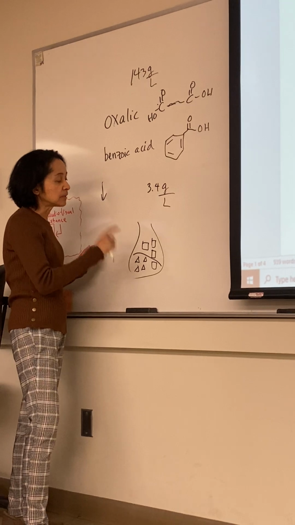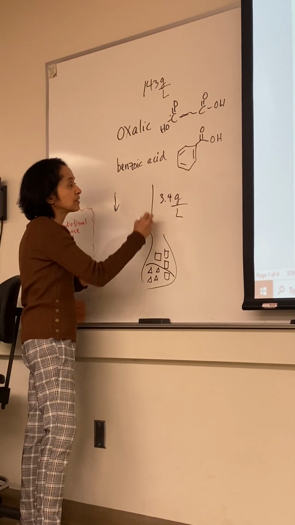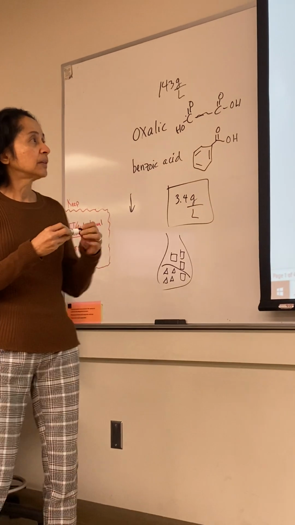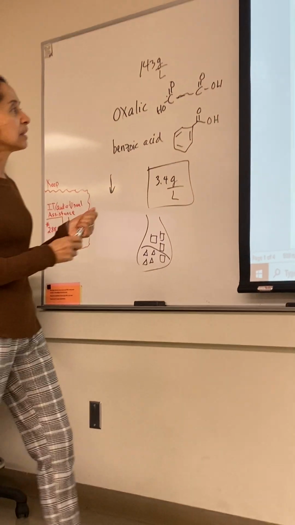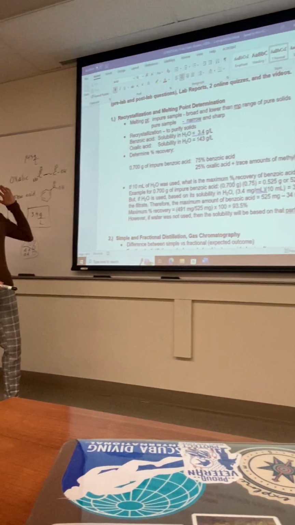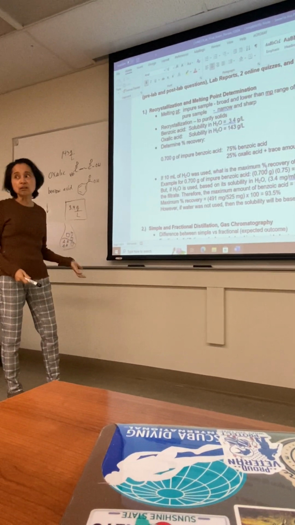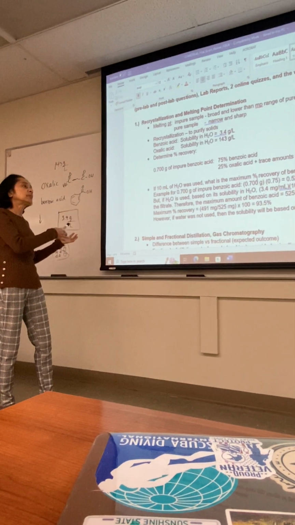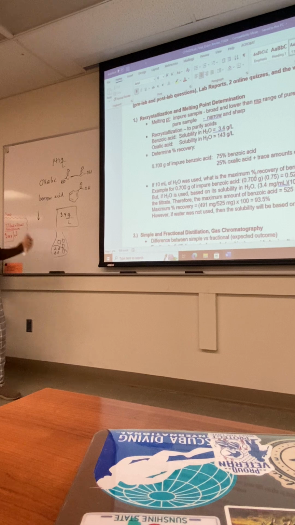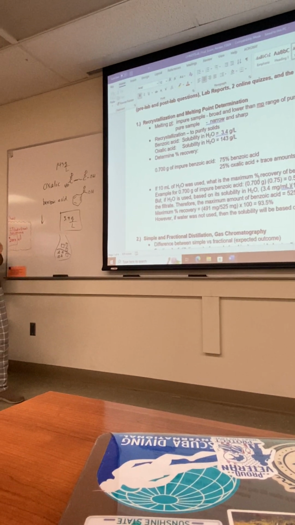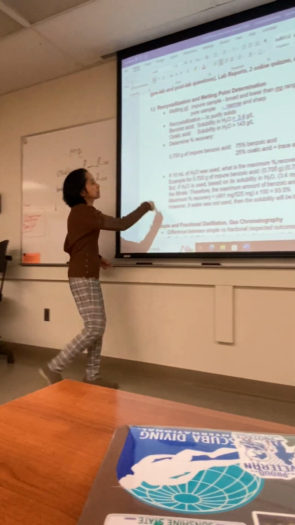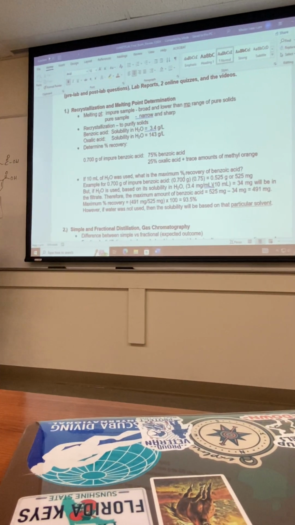But some of the benzoic acid will still dissolve because it has some solubility. Get that? So if you're using 10 ml, I illustrated it here. If you're using 10 ml of water, some of the benzoic acid will still dissolve, all right? But some will precipitate out. So you cannot recover everything. There's a maximum recovery depending on the solubility, and that's how I illustrated it here, right?